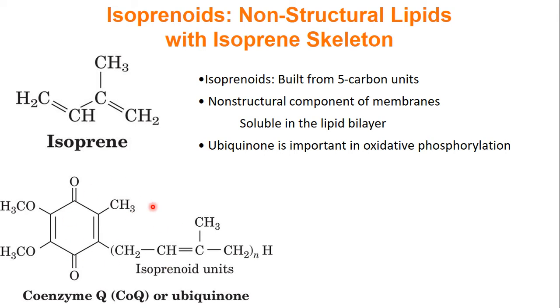And your most important isoprenoid is coenzyme Q or ubiquinone. This is a very important molecule in oxidative phosphorylation. It will carry electrons and hydrogens for you, part of the proton pump, and we'll cover that in Biochem 2 when we talk about how to get energy from glucose or glucose metabolism.